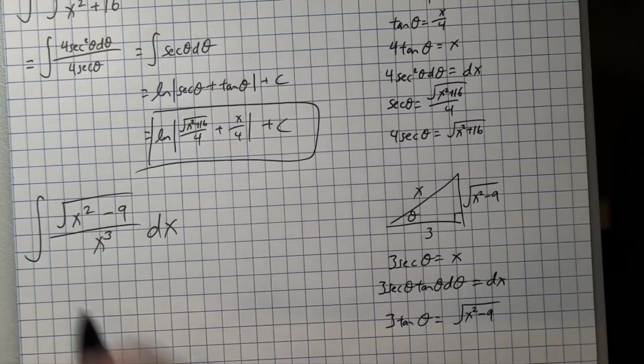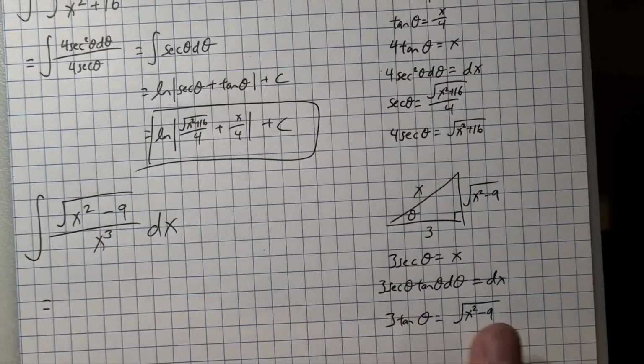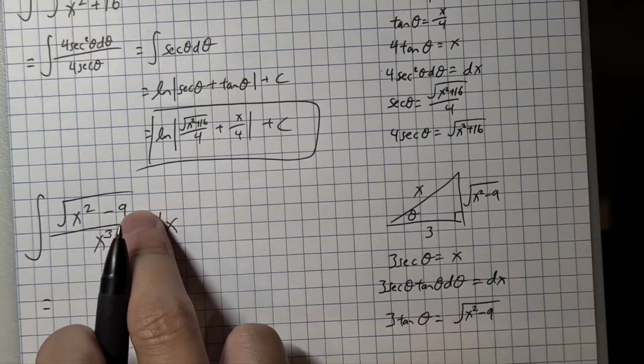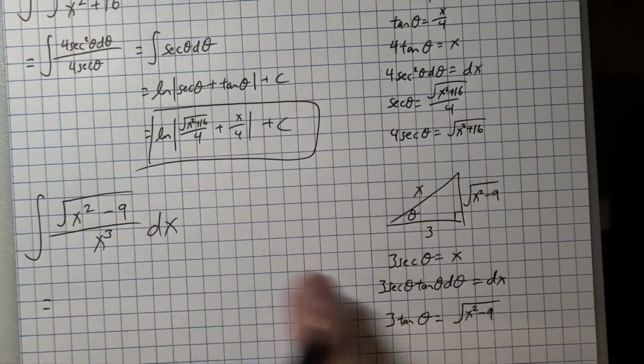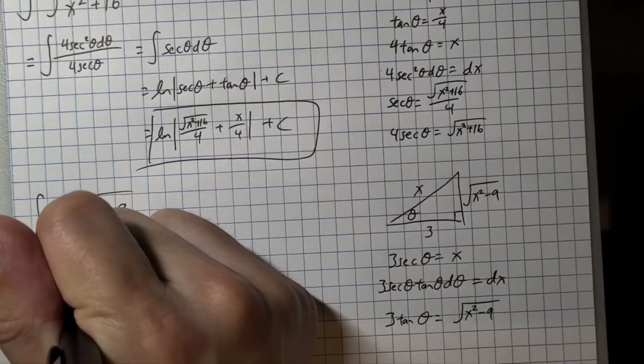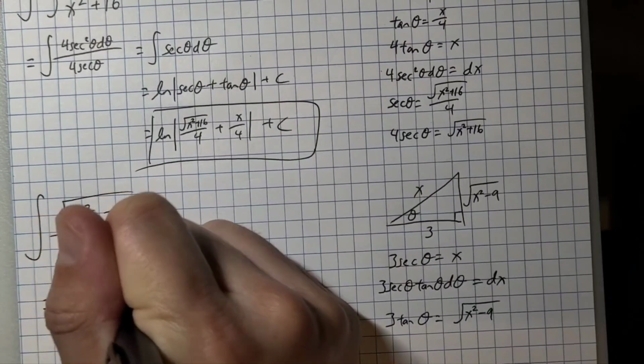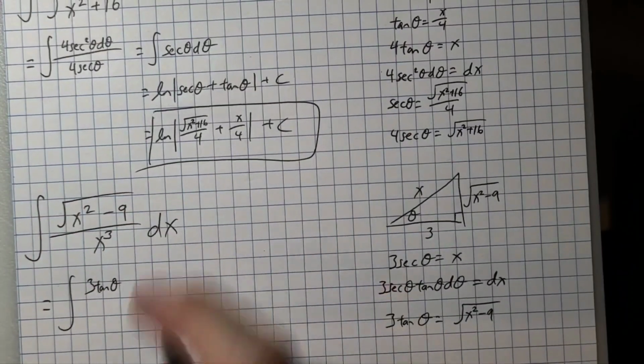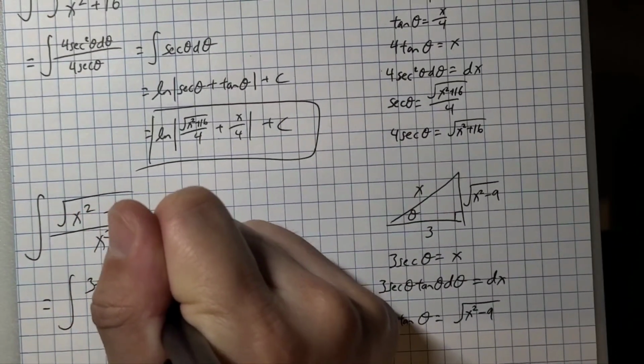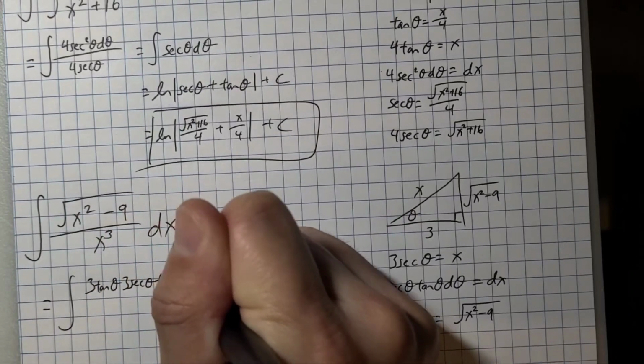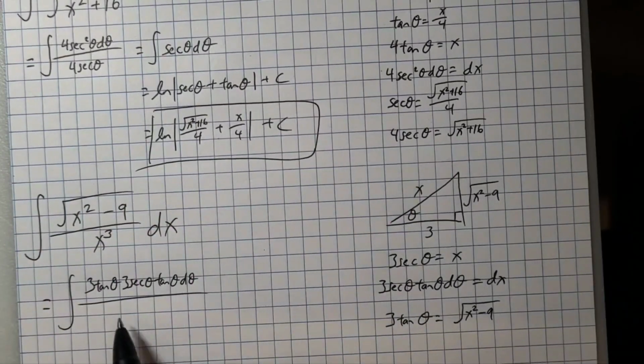Okay. So let's substitute everything in this integrand in terms of theta. The square root of x squared minus 9 is 3 tangent theta. dx is 3 secant theta tangent theta d theta, over x cubed.